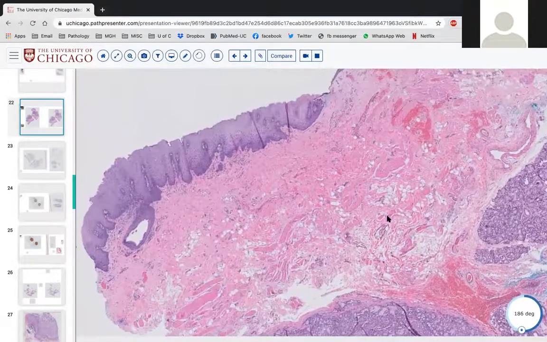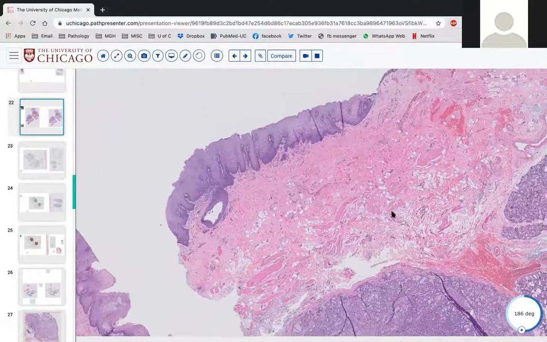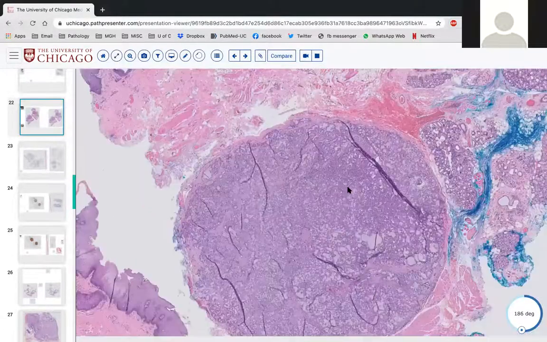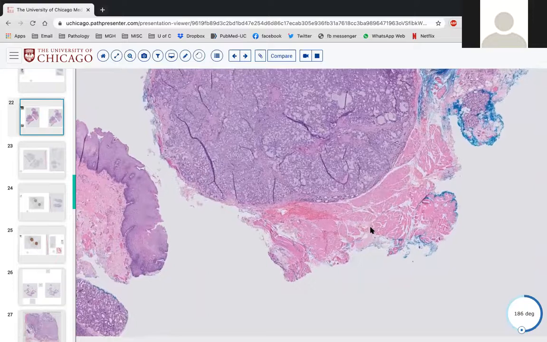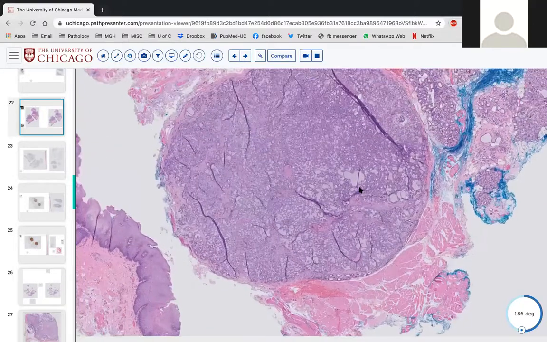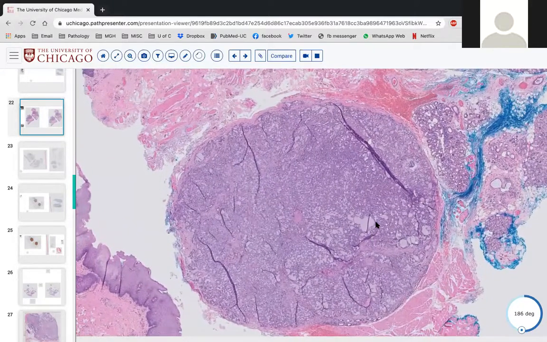Yeah, so on low power, you saw the well-circumscribed lesion. There's one main nodule there with some lobules.